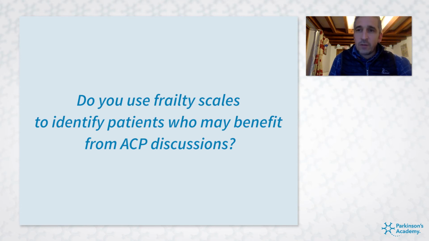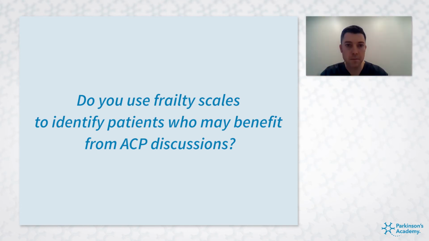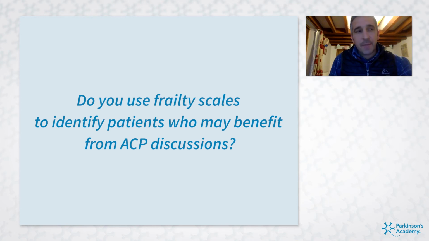You could widen that conversation a little bit and say, could we use frailty scores to screen people who might benefit from palliative and supportive care? And I think there the answer is possibly. The PD hub in Hull talked about using a frailty score as part of their screening process.